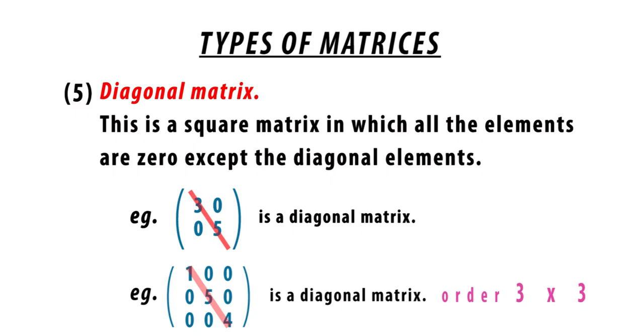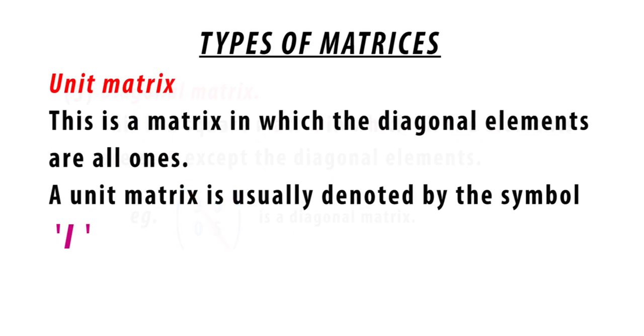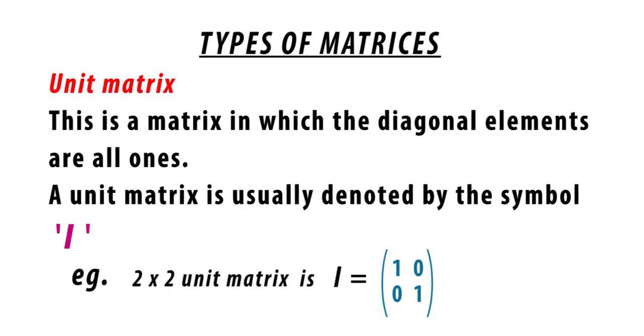There is another type called the unit matrix. This is a matrix in which the diagonal elements are all ones. A unit matrix is usually denoted by the symbol I. That is, the 2 by 2 unit matrix is I equals 1, 0, 0, 1. I hope that is clear. Good.